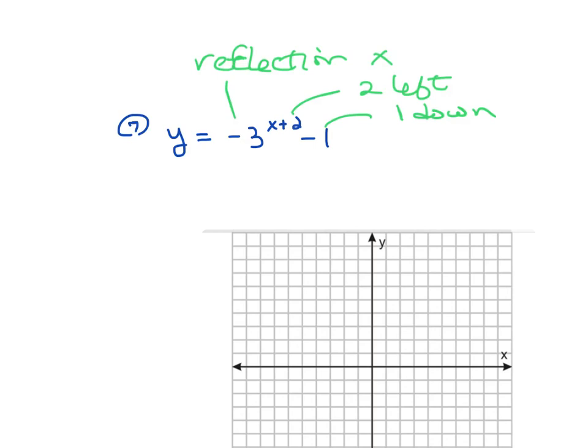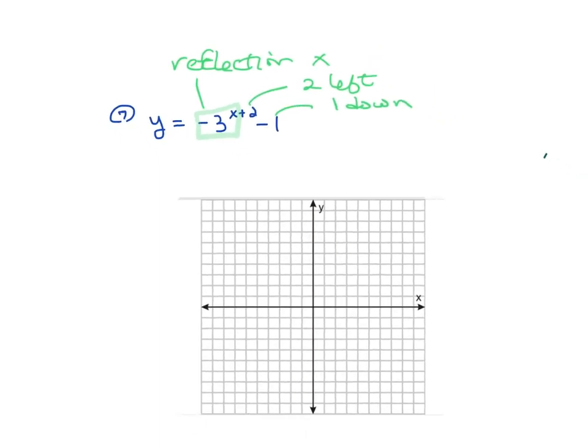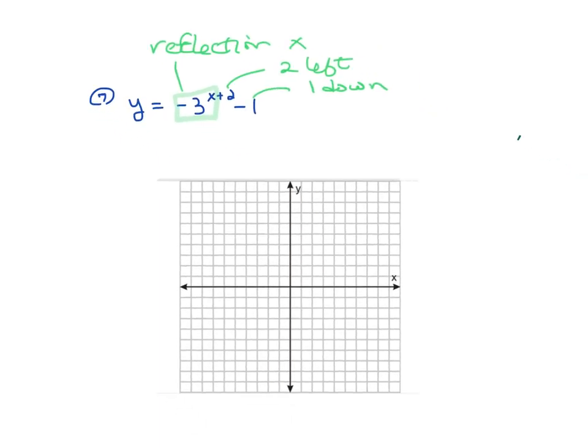So instead of doing all 3 of these, I'm going to make my table for just -3 to the x. Once I get those 3 points, I'm going to shift them 2 left and 1 down. Now, if you'd rather just do a table and plug it into that original function, you can do that also.